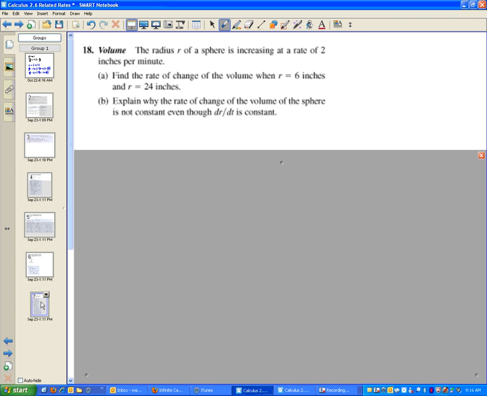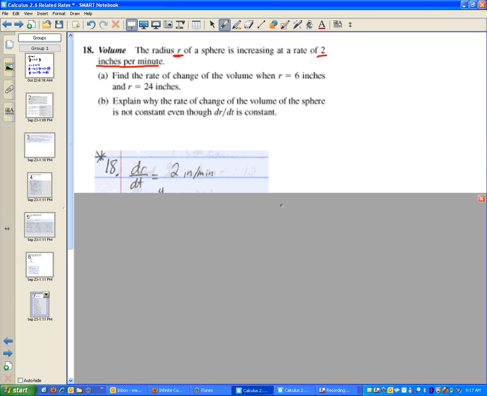Well, we know that the radius is increasing at a rate of 2 inches per minute. At a rate, that's a derivative. It's the derivative of r. Now, if the radius is increasing or decreasing, for that matter, at a rate of 2 inches per minute, the derivative is with respect to time, isn't it? So that means the radius must be a function of time, and that means the rate of change of the radius can be called dr dt.